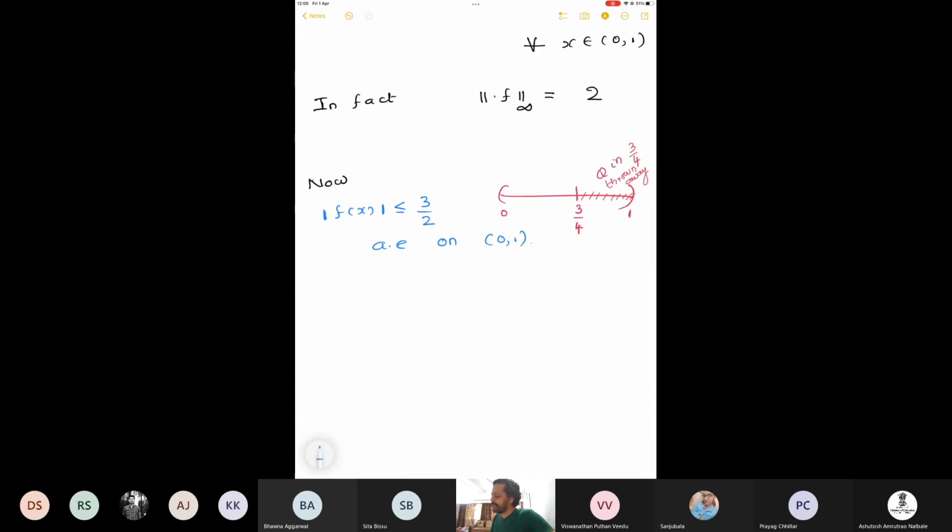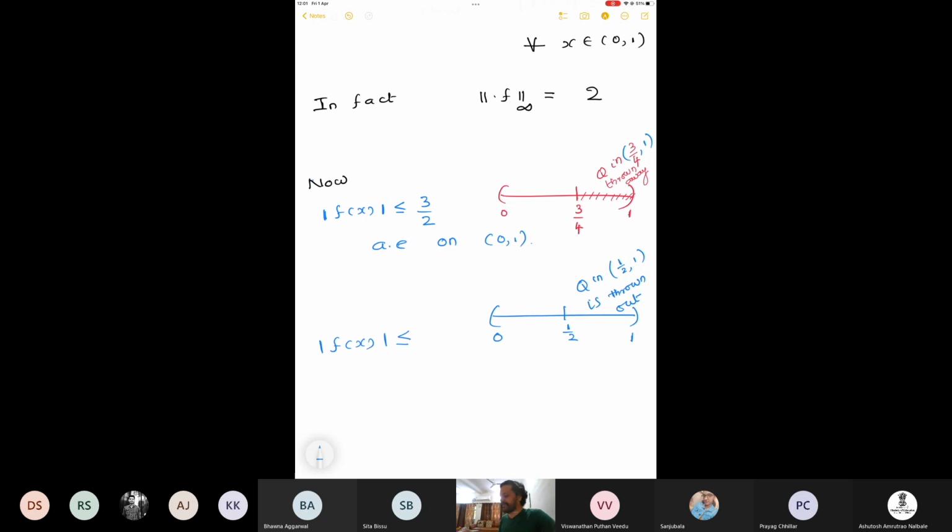Now instead of (3/4, 1), suppose I am throwing out the rationals from (1/2, 1). Now can you tell me a bound for f of x?